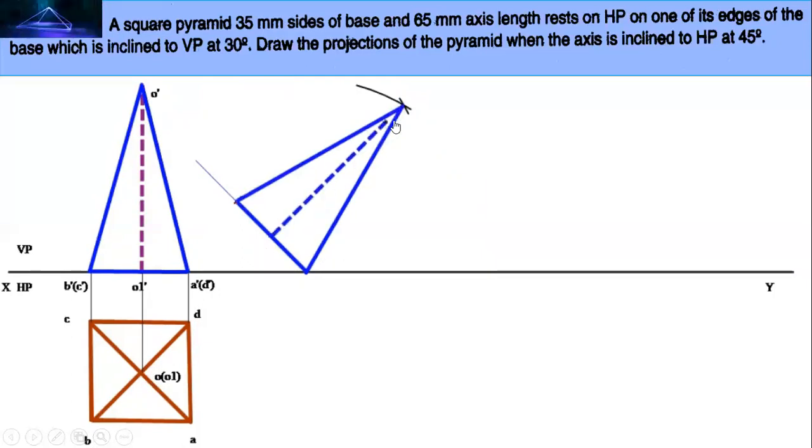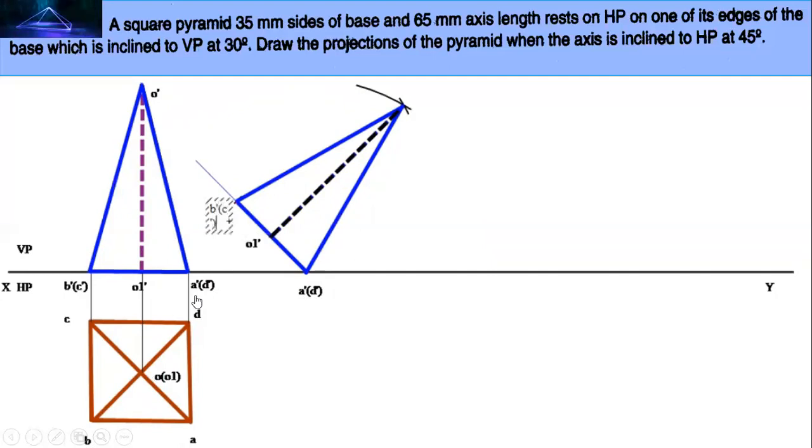Then from O1 dash to O dash, draw an axis line. So the position will be A dash, D dash, O1 dash, B dash, C dash.